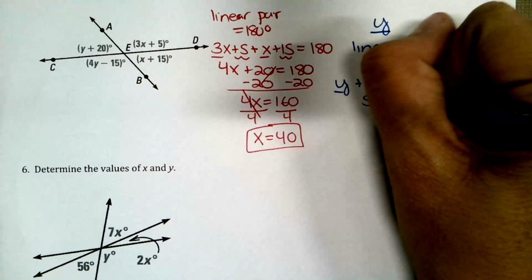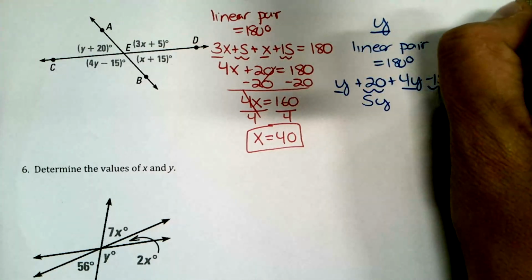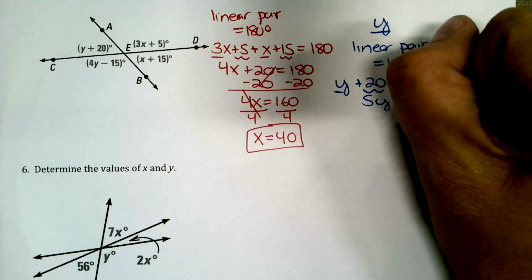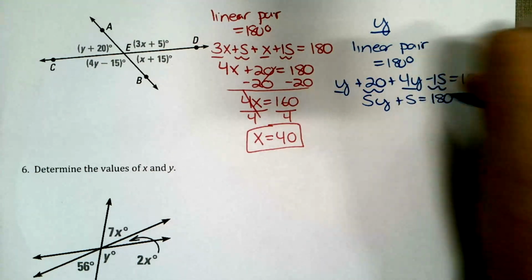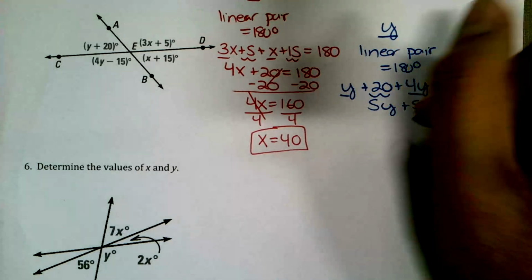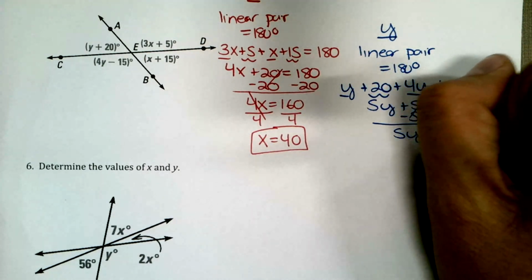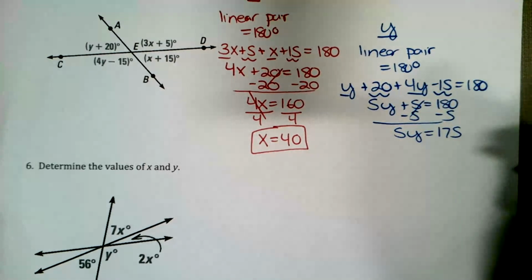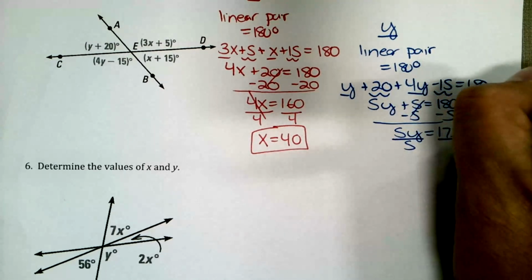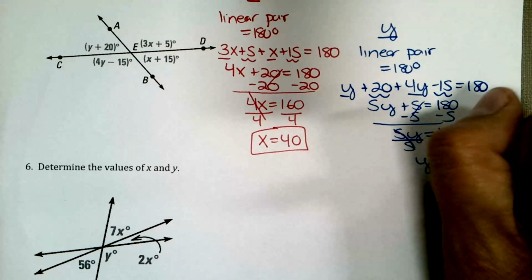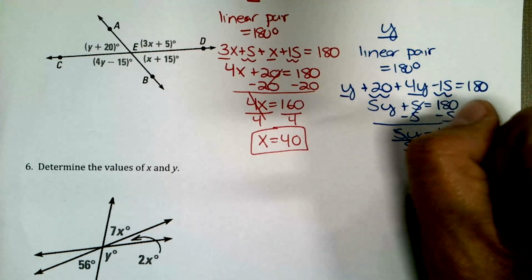Combining our like terms, we get 5y plus 5 equals 180. And that solves to y equals 35.